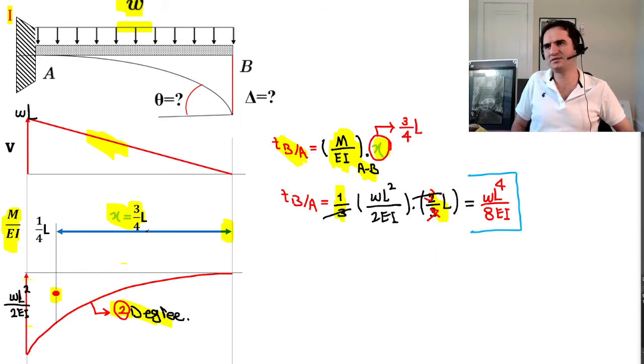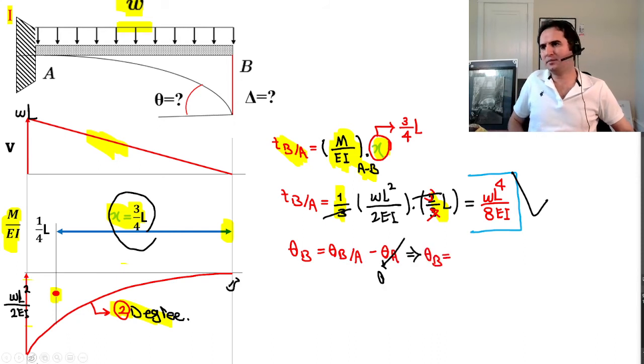The centroid for a second degree curve is 1/4 from the base and 3/4 from the other end. So that's 1/3 of WL squared over 2EI times 3/4 of L, and that gives you WL to the fourth over 8EI.